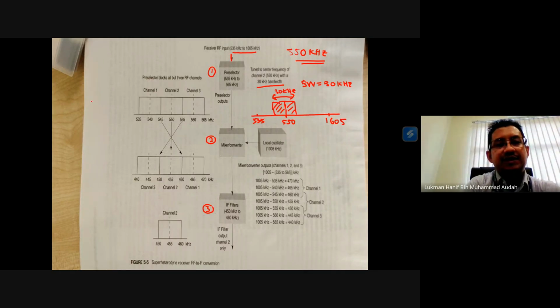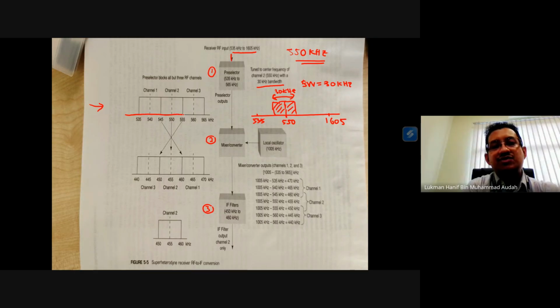So this picture actually have been drawn in this example like this. If you see the first picture here, these are the frequencies that the preselector allowed to pass, center at 550, which is channel 2. This is the channel that I want to listen.